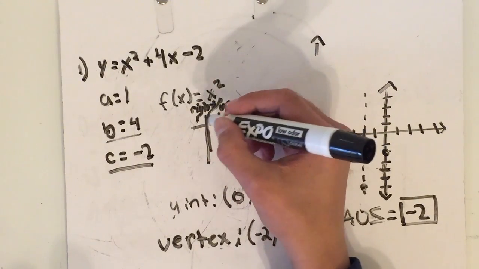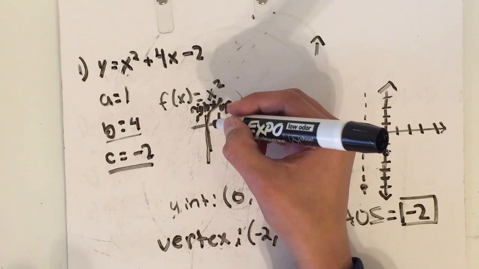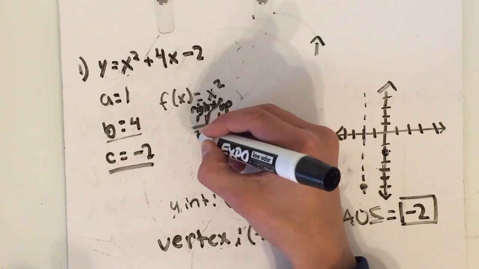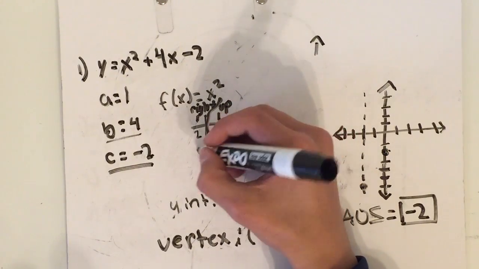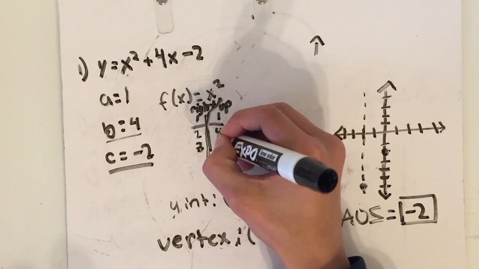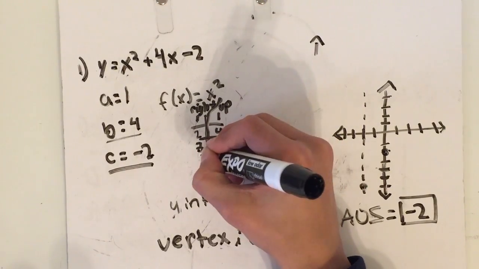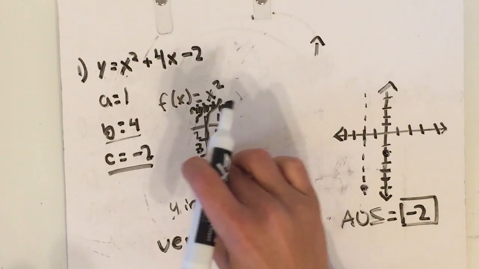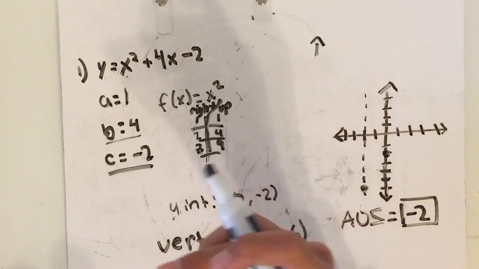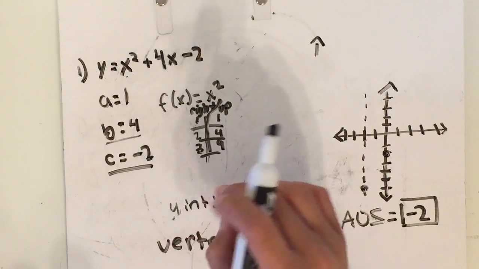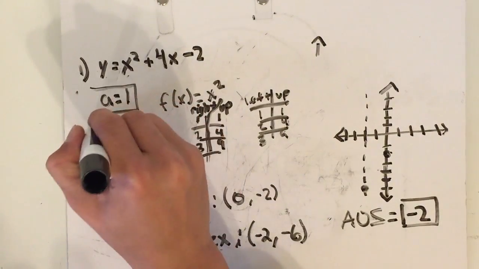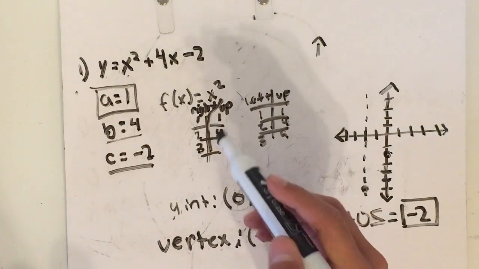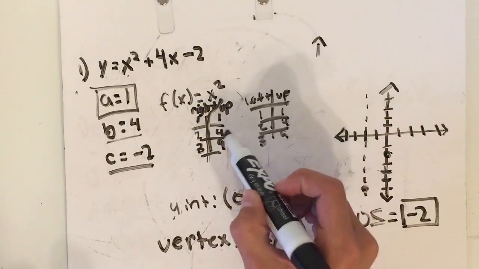The next coordinate we go to is right 2, up 4, and then right 3, up 9. And now that we have which way goes right, it would just reflect when we go left. As the a is 1, which in this equation our a is 1, it would stay the same from the parent function.